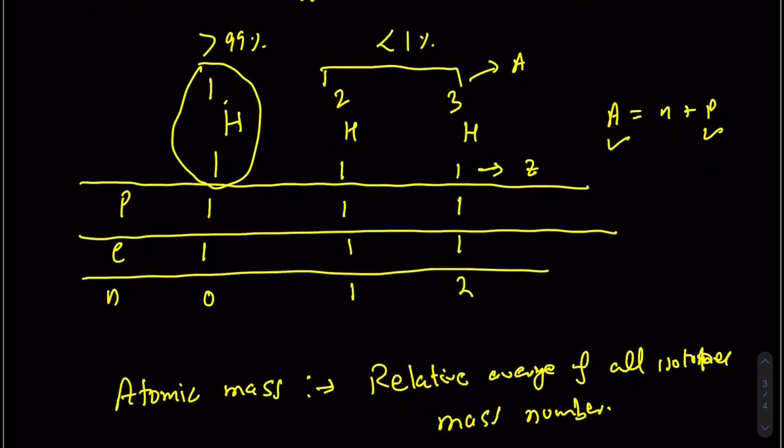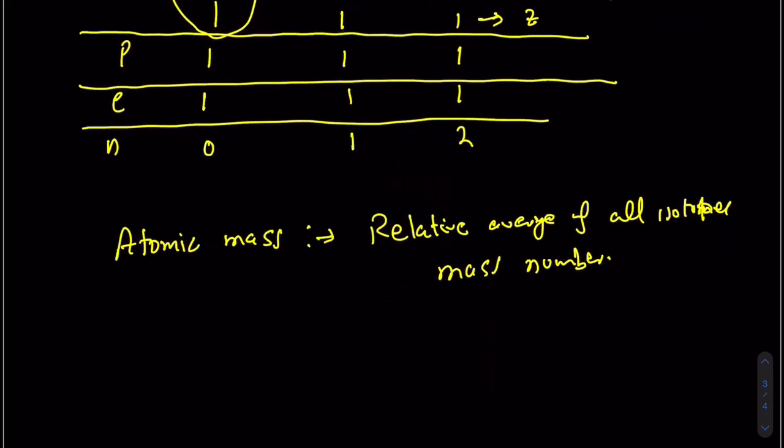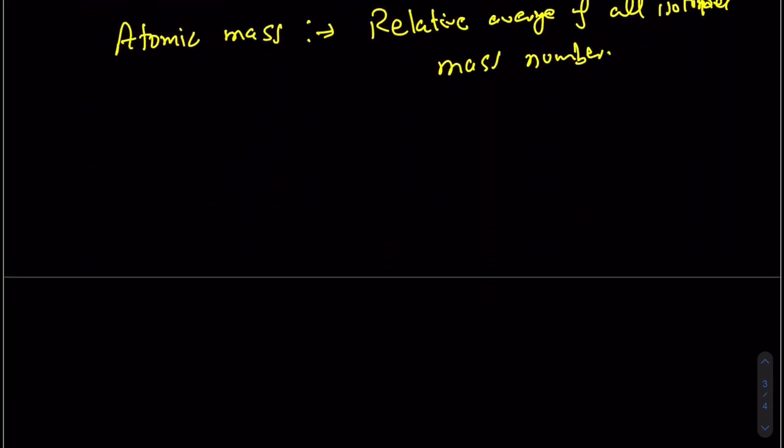Okay, so that's how you calculate the atomic mass, by using the relative average of all the isotopes' mass numbers. I'll have a different session where I show you how you calculate the atomic masses of these.